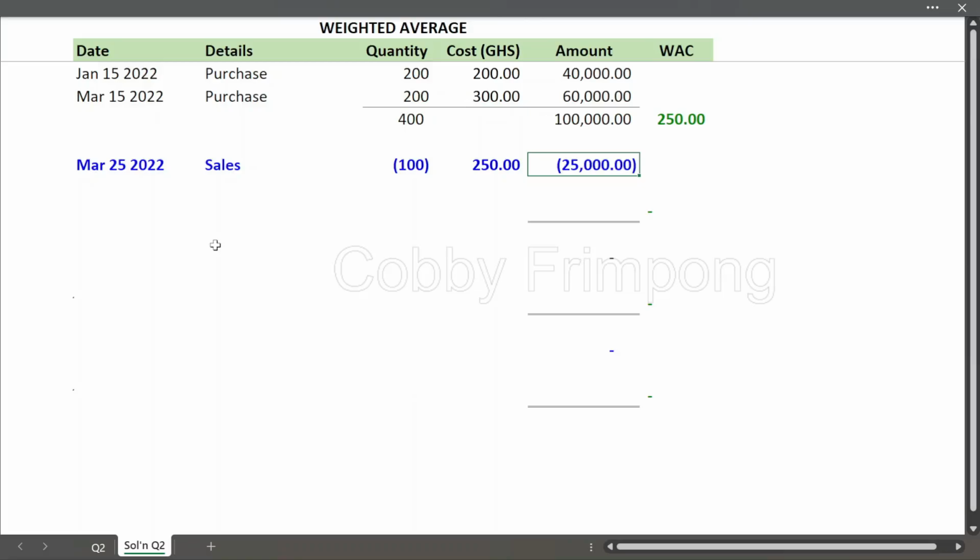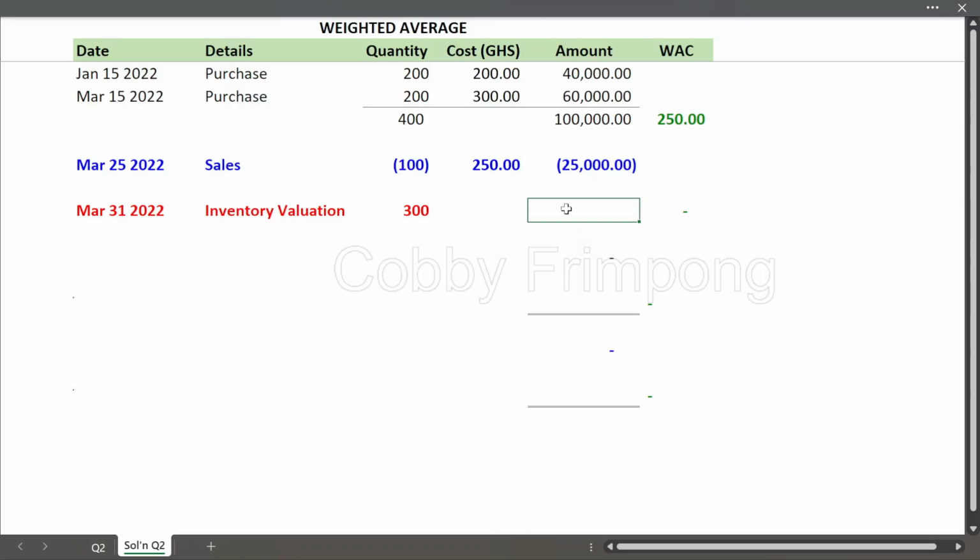So we need to do an inventory valuation at the end of the first quarter on 31st March 2022. Inventory valuation. We had 400 units and we sold 100. We are left with 300 units. The total value of our available inventory was 100,000, out of which we've sold 25,000.